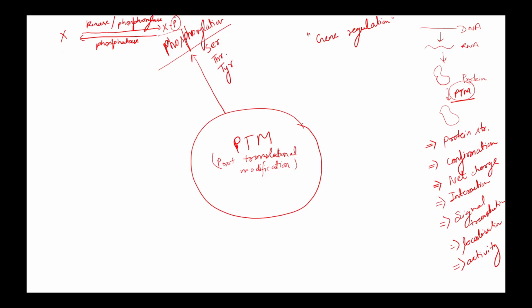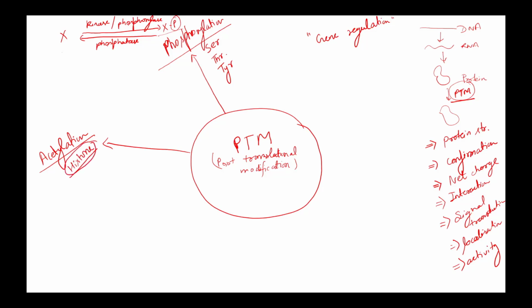Another modification is acetylation. So there are different types of proteins that undergo acetylation. For example, I would like to take histone proteins, which are positively charged proteins.